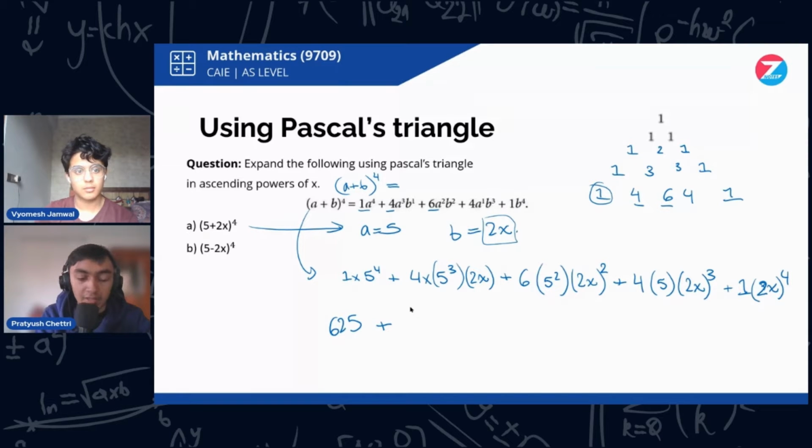It's just because you're dealing with a lot of numbers that it takes a while. 4 times 5 to the power 3 times 2. So this gives you 1000x for this term. And then 6 times 5 squared, it's going to be 600x squared. Okay, thank you. Third term.